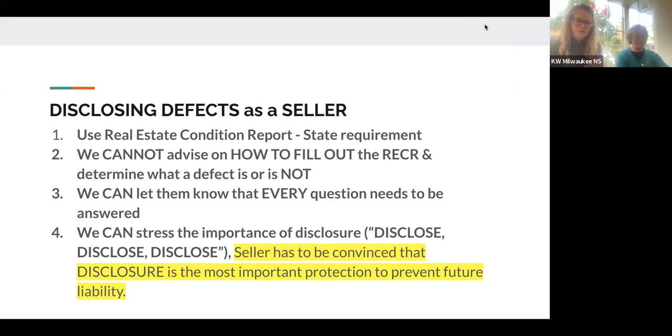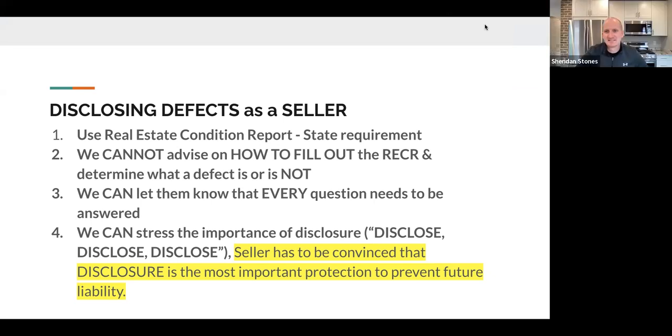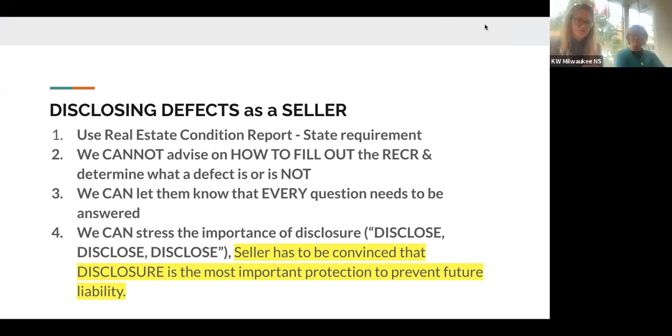We have to also be careful on how we're wording and phrasing these things. So sometimes a listing agent or a seller, say if they're exempt or they don't know or whatever, will put a big X across the whole page. That is something I wouldn't accept as a buyer's agent. I would take it back to the listing agent and say, this is considered not complete, and I would like a complete one, especially if the seller is not exempt and should be filling it out.